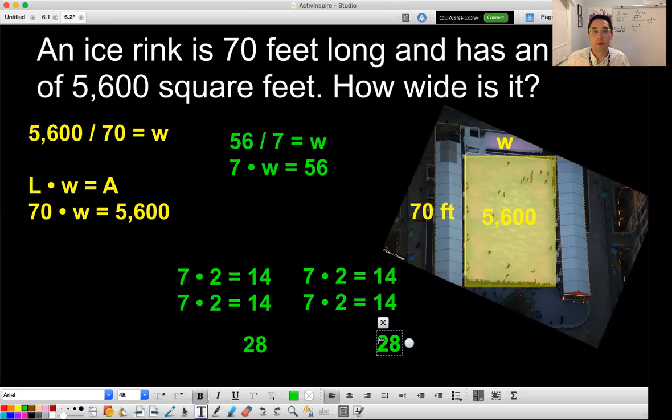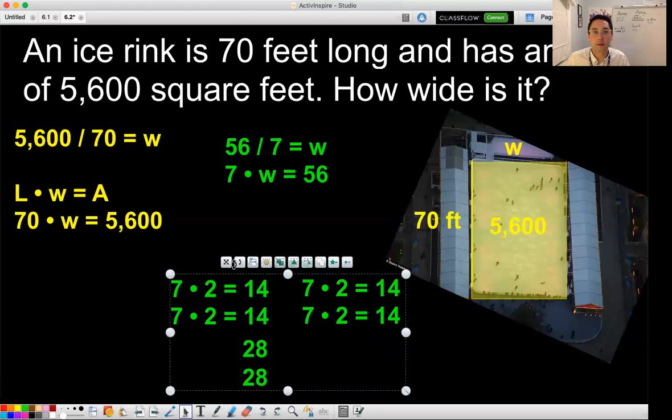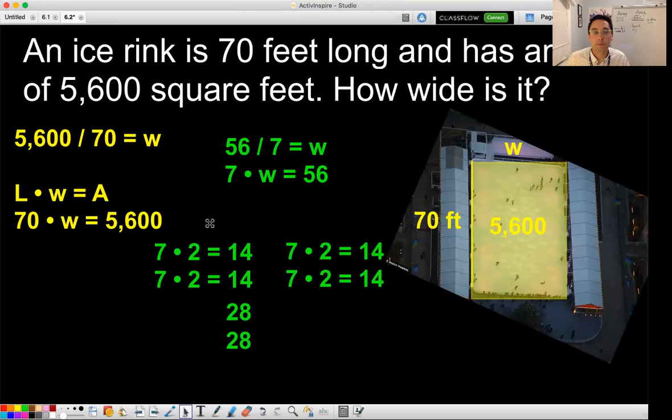I know 20 plus 20 is 40, so I wonder what would happen if I did this 28 plus another 28. I'll try to move all of this up if I can, hang on. Okay, so 14 plus 14 is 28 here. 14 plus 14 is 28 here. 28 plus 28, I got to add my pluses in here.